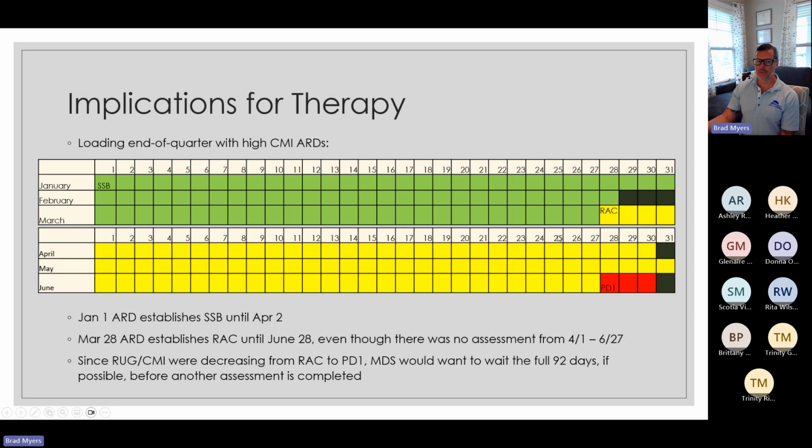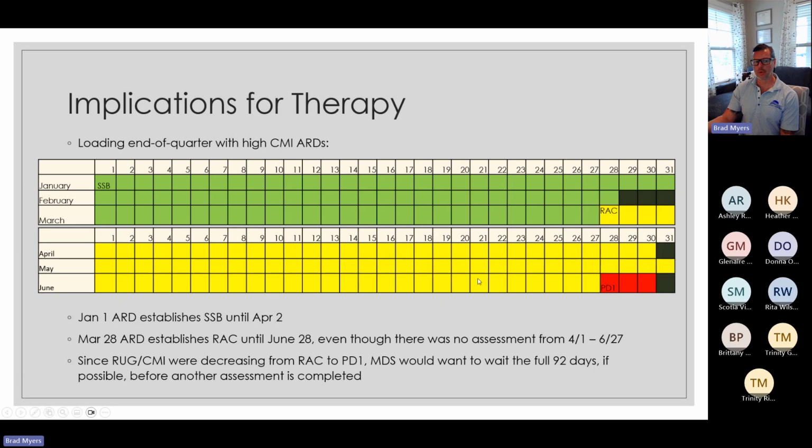So that RAC is going to hold this person all the way, so the remaining days of March, all the way through April, May, most of June, until we have to do something. June 28th is probably 92 days from March 28th.